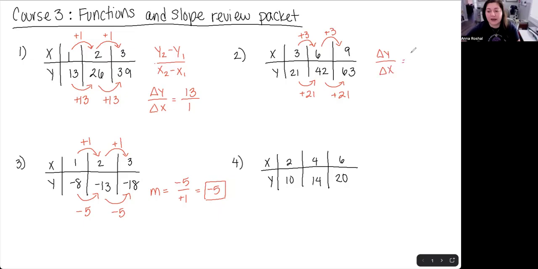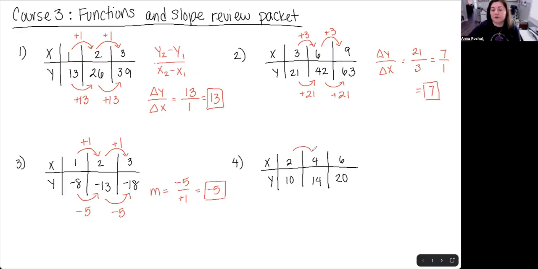My change in y is 21, and my change in x is 3. One thing that you'll notice about some of your slopes, like this one, we could have simplified to just 13, right? Number 3, we could have simplified to just -5. Here, we would simplify it to 7 over 1 or just 7. There are times when you can simplify your slope, and when you can, you should.